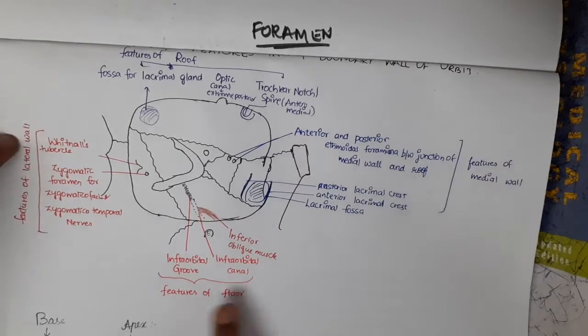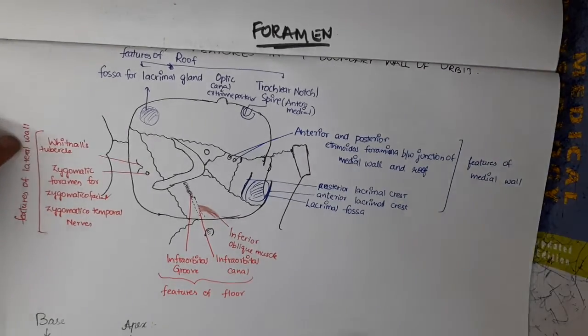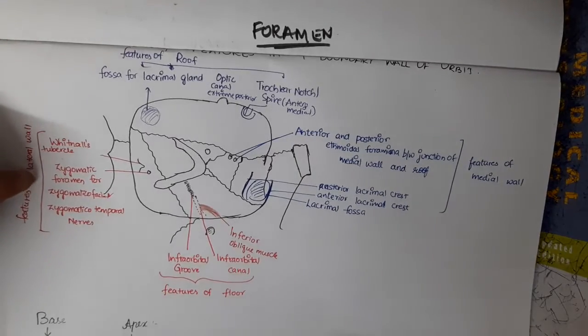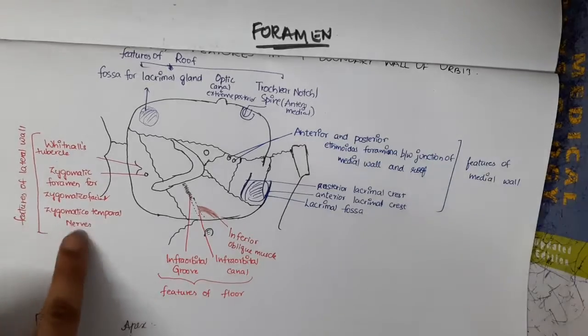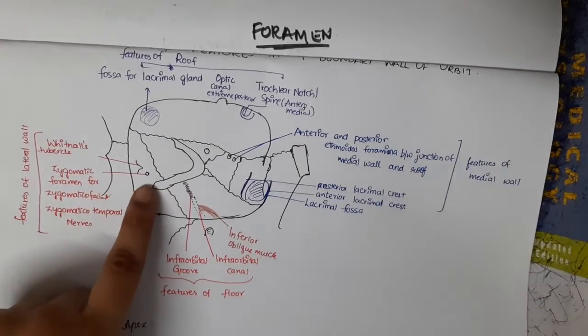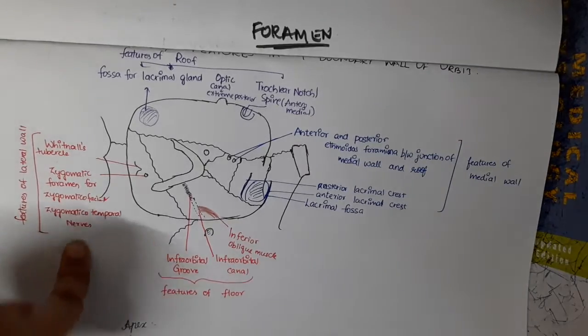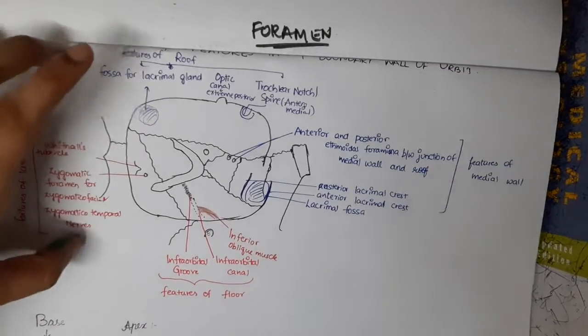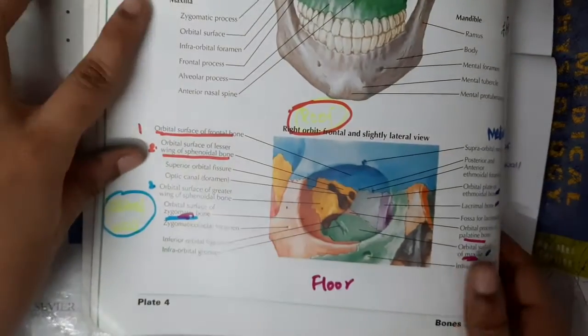Okay, then if you see the features of the lateral wall, these include the Whitnall tubercle and the zygomatic foramen. In the lateral wall we have a Whitnall tubercle and we will also have a zygomatic foramen for the zygomaticofacial and zygomaticotemporal nerves. So let me show you these in a diagram in Netter's atlas.